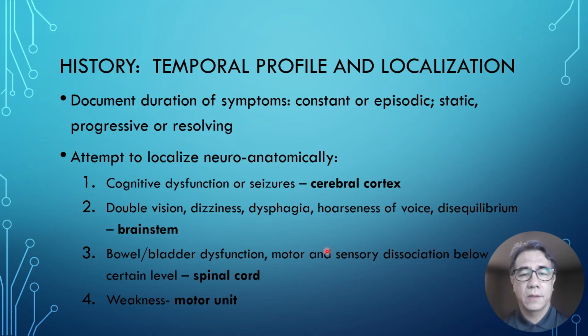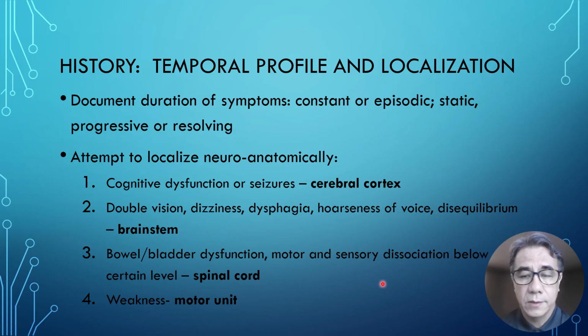Localization is also important to determine which part of the nervous system is involved. For example, if the patient presents with cognitive dysfunction or seizures, it probably points to the cerebral cortex or the gray matter. If the patient develops cranial nerve problems leading to, for example, double vision, dizziness, dysphagia, hoarseness of voice, disequilibrium, that could be a brainstem problem.